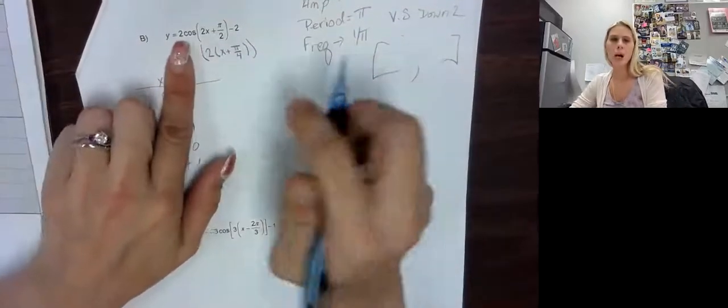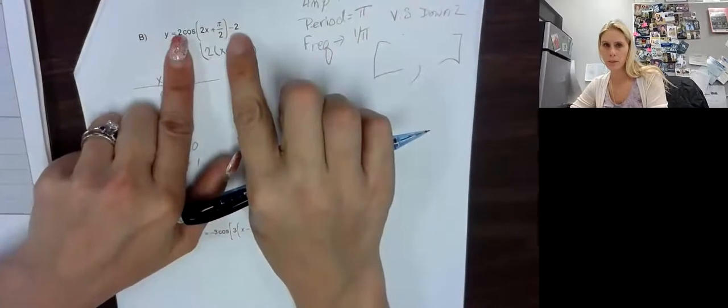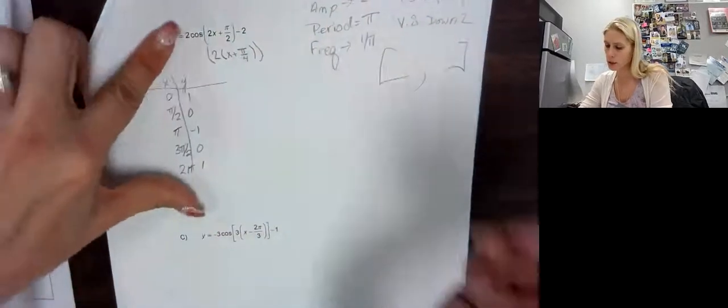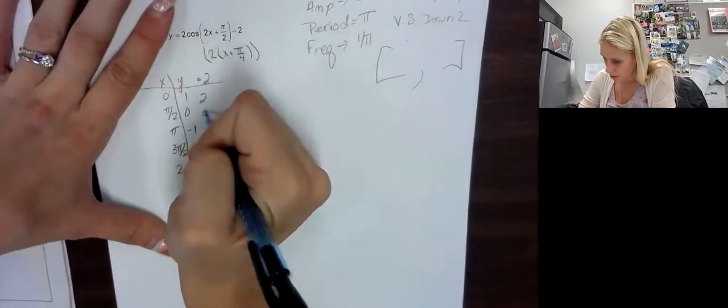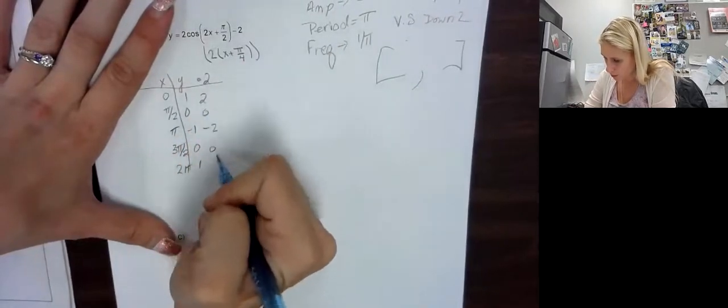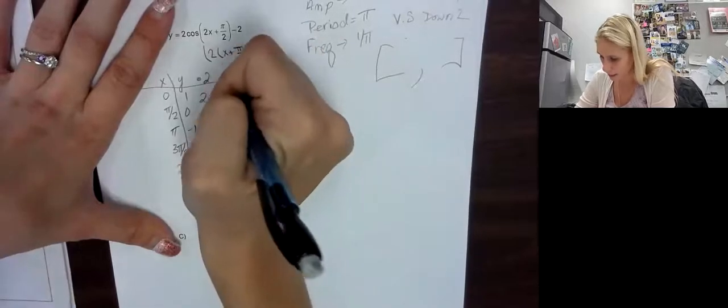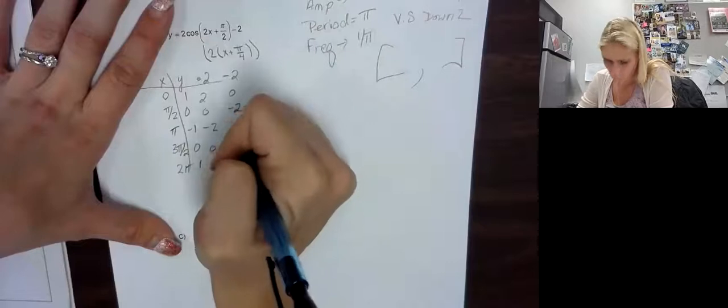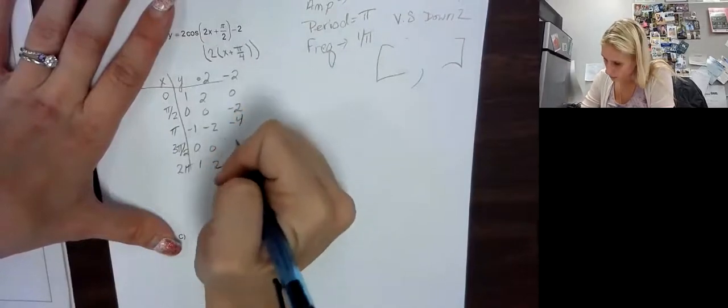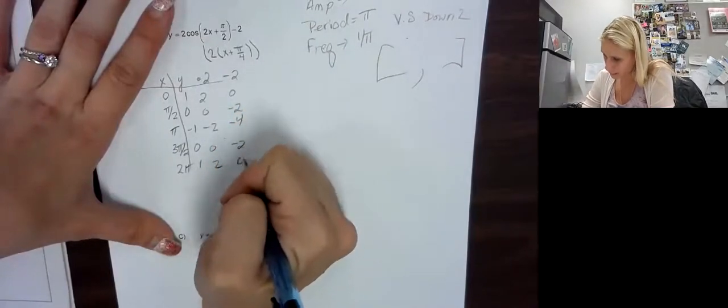Okay, I'm going to do my output first because those are easier to me. So I'm going to multiply by 2 and then subtract 2. So multiply by 2: 2, 0, negative 2, 0, 2. Now I'm going to subtract 2. So 0, negative 2, negative 4, negative 2, 0.